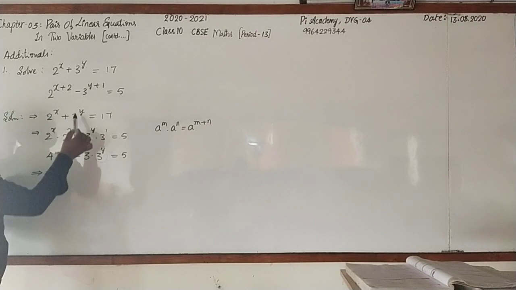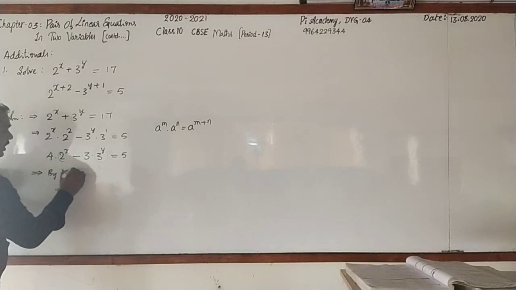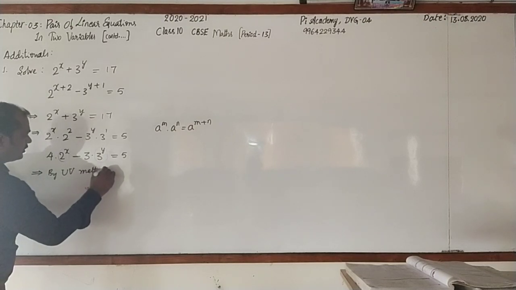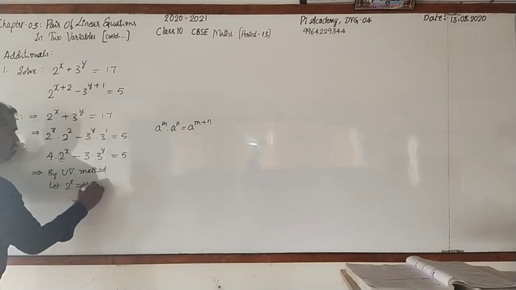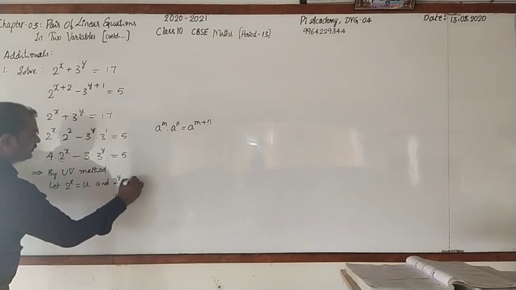2 raised to the power x and 3 raised to the power y are common in both the equations. So, by the UV method, for our reference only I have written this UV method. Let 2 raised to the power x be u and 3 raised to the power y be v.